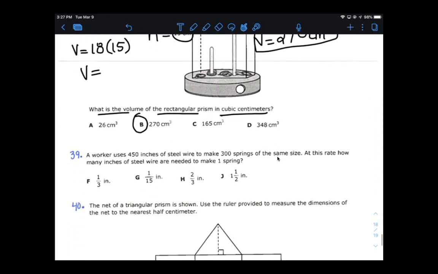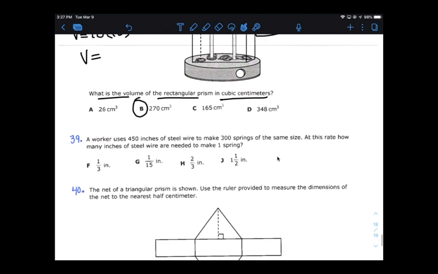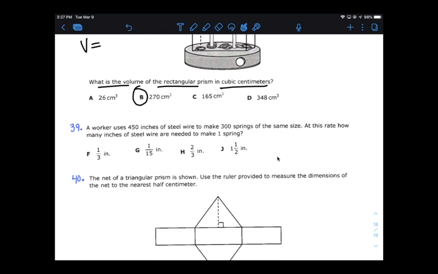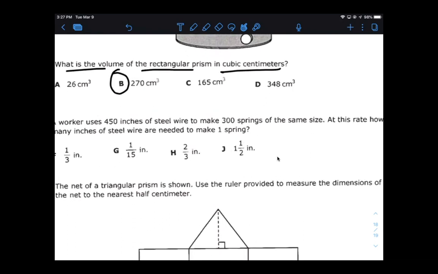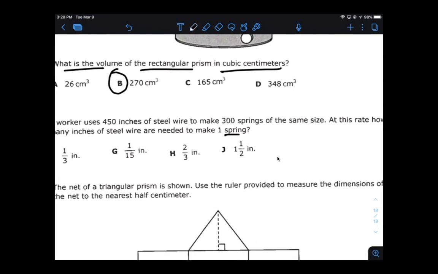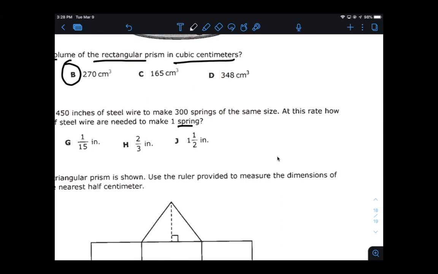Now let's go over problem 39. Problem 39, it says, a worker uses 450 inches of steel wire to make 300 springs of the same size. At this rate, how many inches of steel wire are needed to make one spring? Right? So this sounds like a proportion to me.